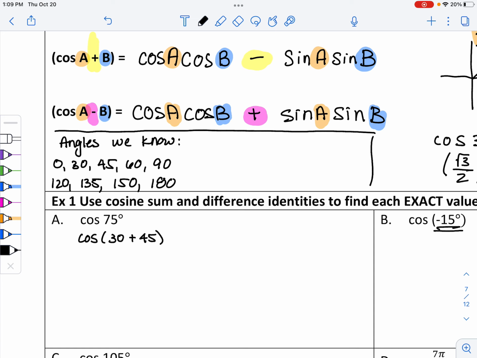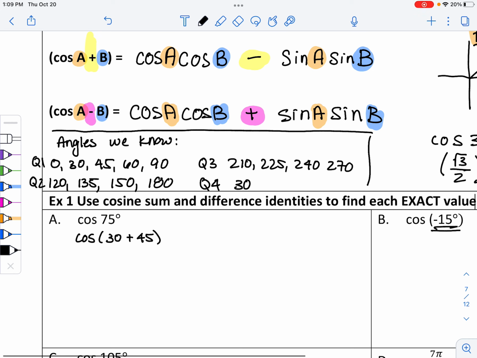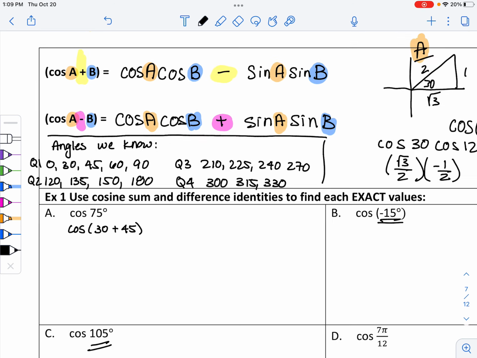So there's quadrant 1, quadrant 2, quadrant 3. We know in quadrant 3, 210, 225, 240, 270. Quadrant 4, we know 300, 315, 330, and back to 0 at 360. Now those are in degrees.